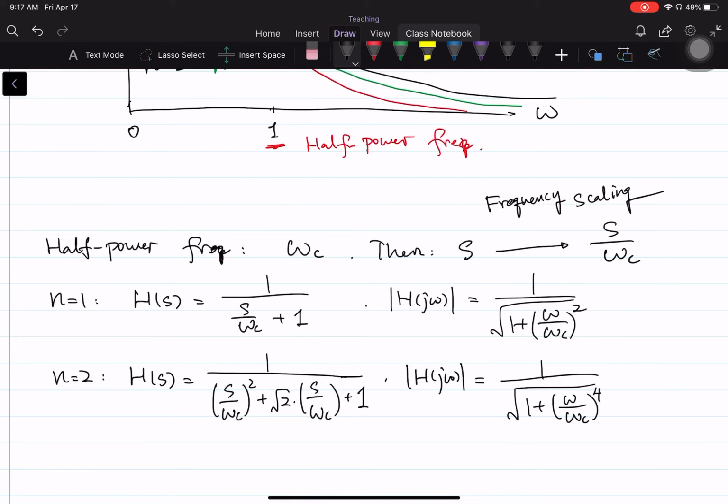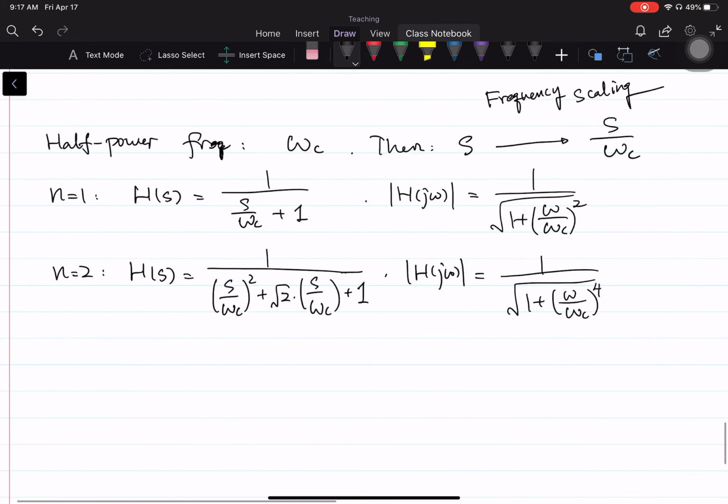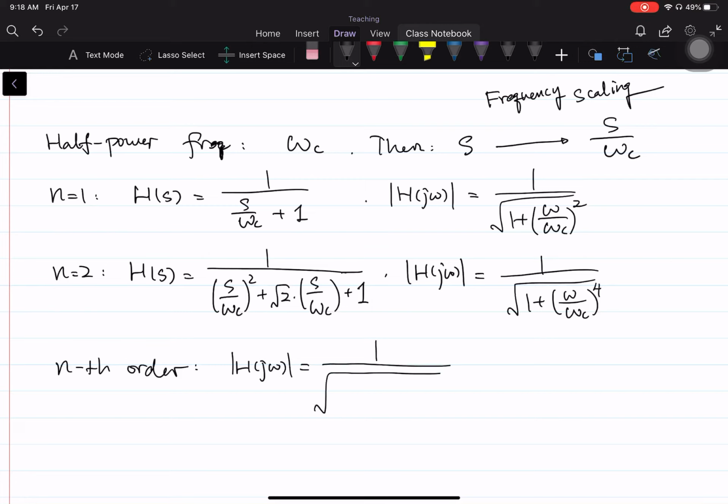Okay. And of course, if we generalize it to the nth order scenario, although the transfer function could be more complex, the magnitude response function is pretty simple: 1 over the square root of 1 plus omega over omega c to the power of 2n.